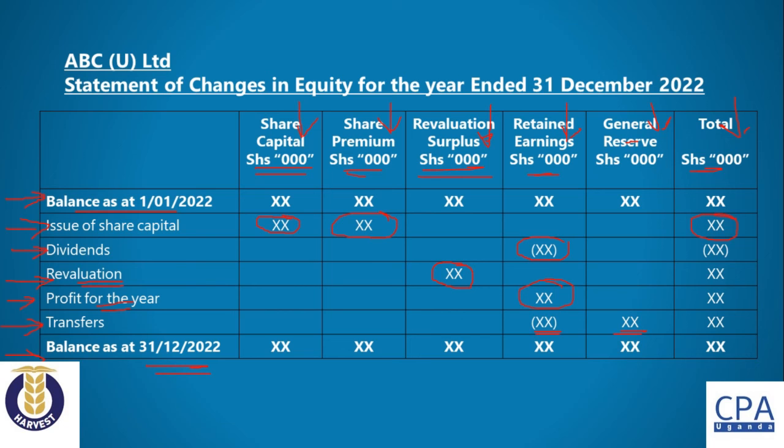So you need to give what you have for share capital at the end of the year, share premium at the end of the year, revaluation surplus at the end of the year, retained earnings at the end of the year, general reserve at the end of the year, and the total of all the equity accounts. So that marks the end of our discussion on the reserves. So the next session goes into the actual preparation of the statement of changes in equity, which is highly examinable.